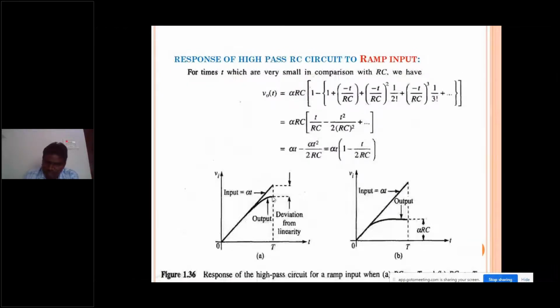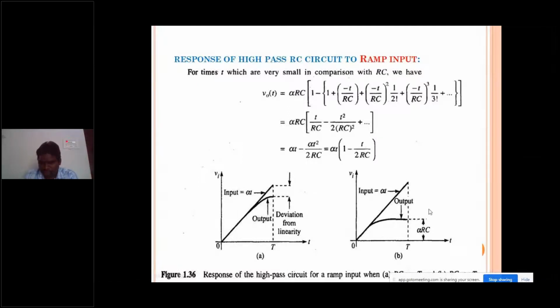You can see here from the starting, the output curve follows the input up to some extent, but as the time goes on increasing, it deviates from the input curve. In the starting time, the output follows the input like a linear wave, but as the time increases, the output curve deviates from the input.